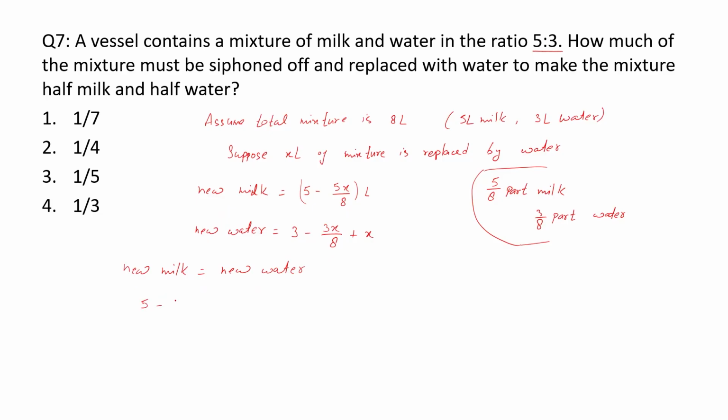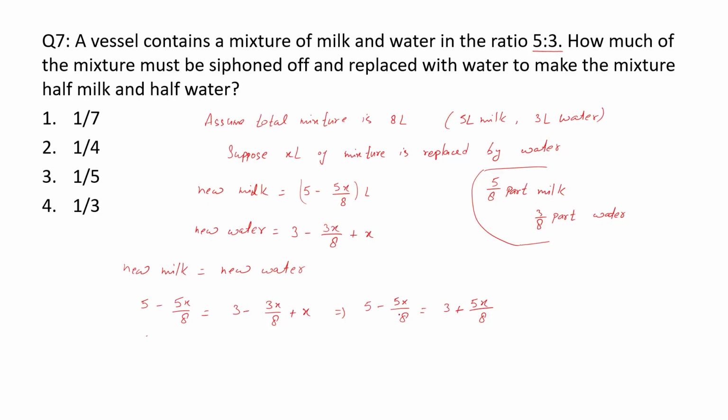So 5 minus 5x upon 8 is equal to 3 minus 3x upon 8 plus x. Now solve it. If you solve it, you will have 3 plus 5x upon 8.